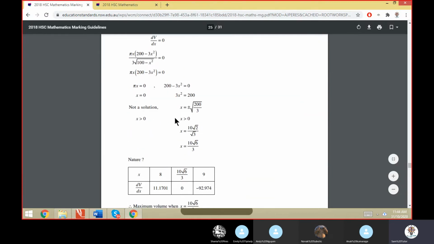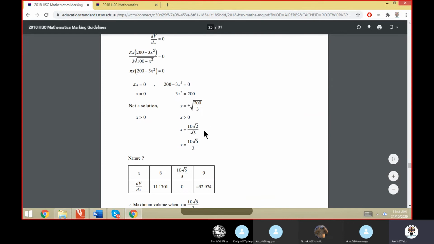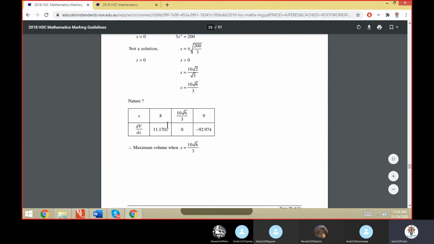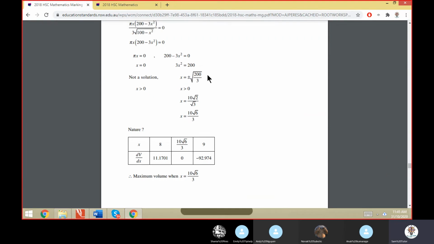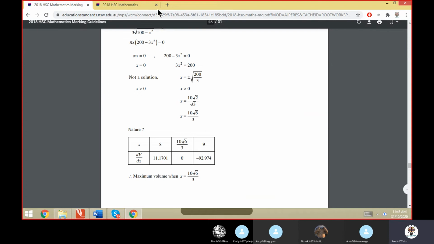Triple I, dv dx, x equals 200 on 3, 8 and 9, root 200 divided by root 3, 8.16, what the heck do I have?